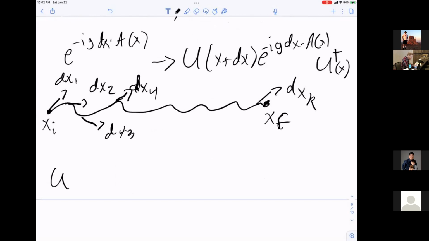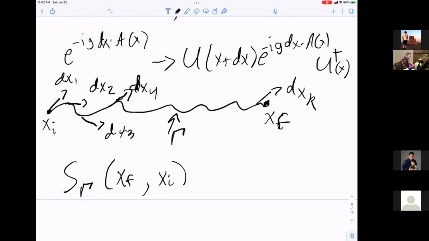Now, how do I move my transformation? Well, I'll think about an S that's going to depend on some path gamma. So here's my gamma. It's going to move me from the point xi to the point xf. And what is this object? It's going to be the limit as all my differential steps go to zero.